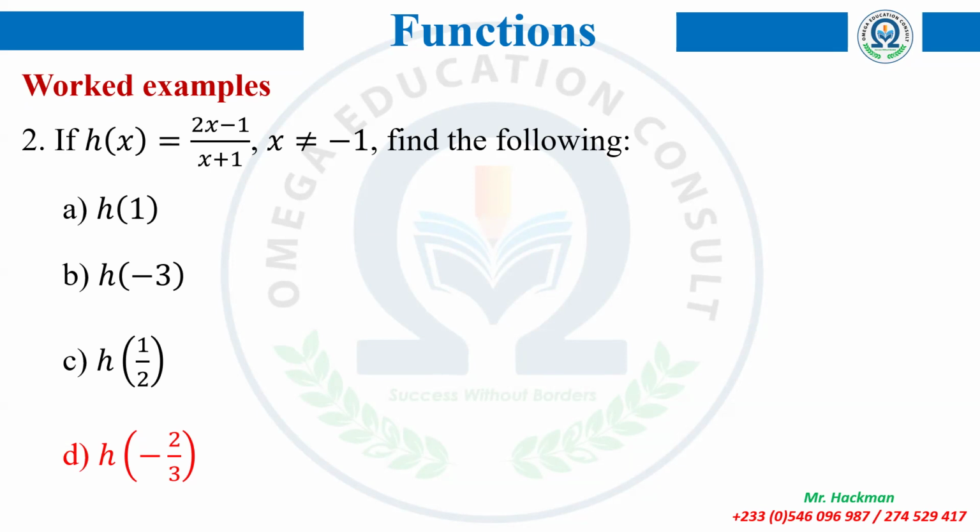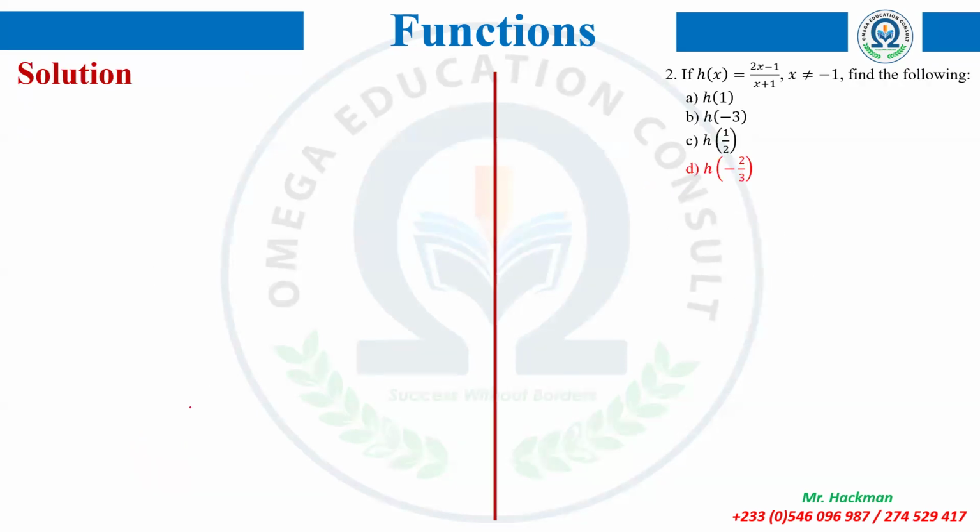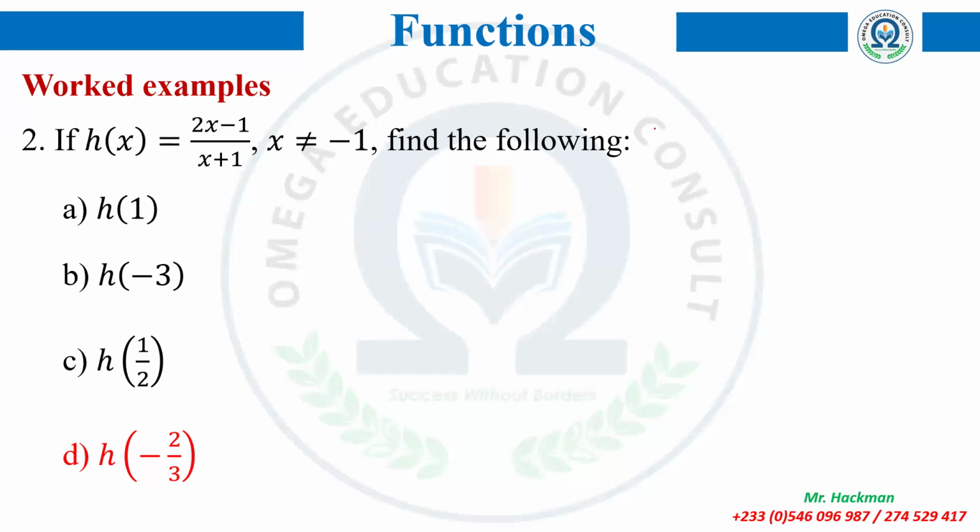Simply we'll say that a rational number is any number that can be expressed in the form A over B, but with the condition that B is not equal to 0. You remember?